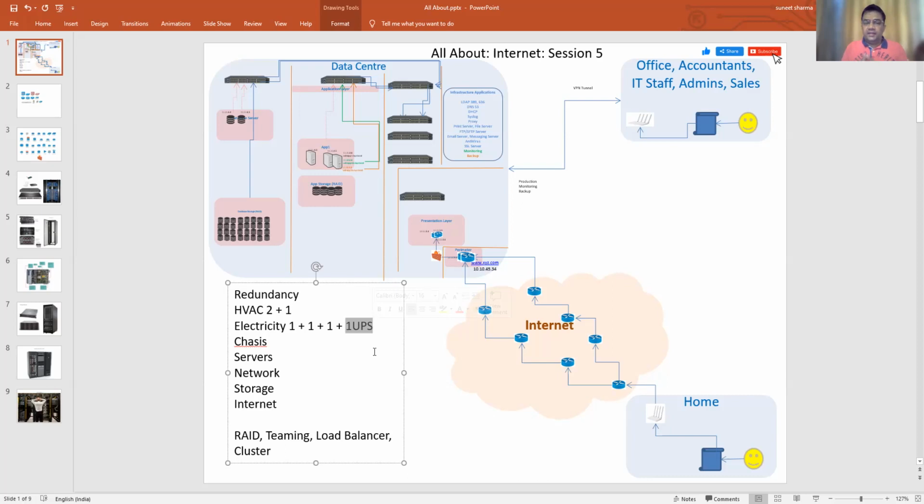And once any failure happens and it is not getting the electricity, it will start serving the electricity from the batteries available with it. Okay, so that is fine, I guess. So you understand what redundancy is and how it is achieved on the device level.